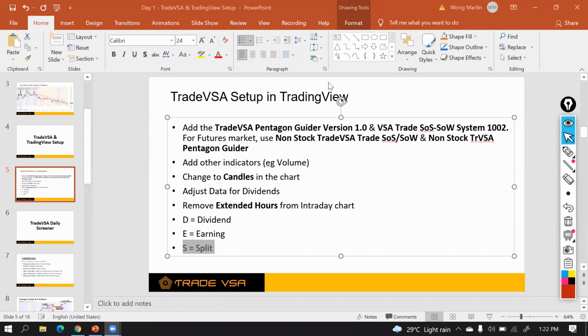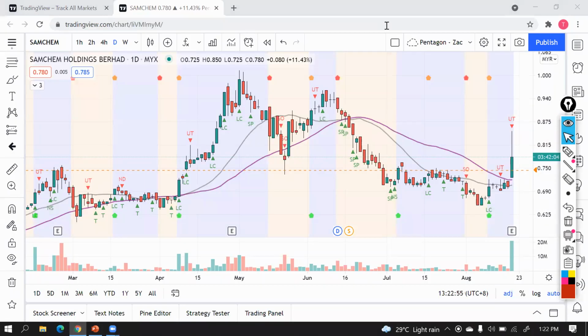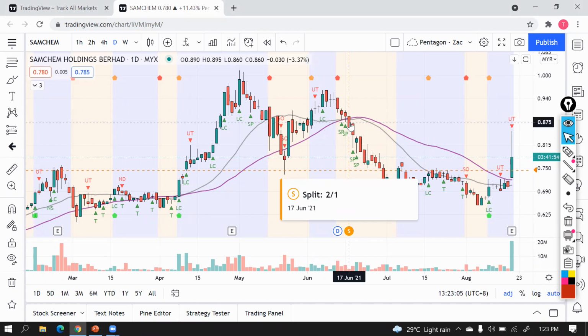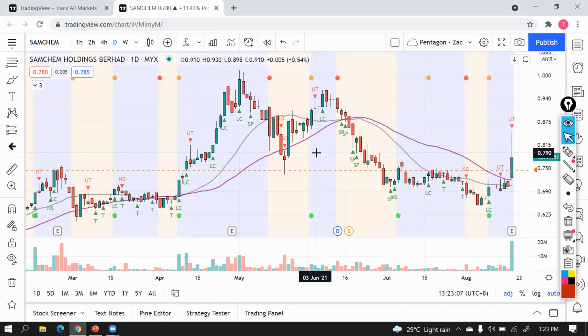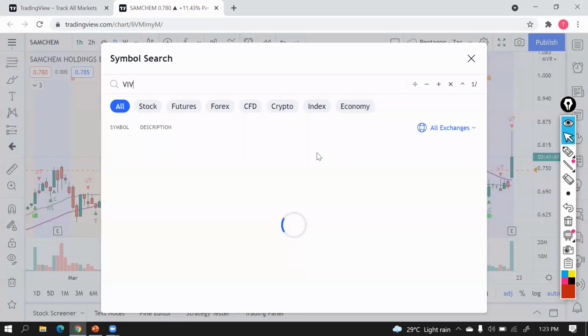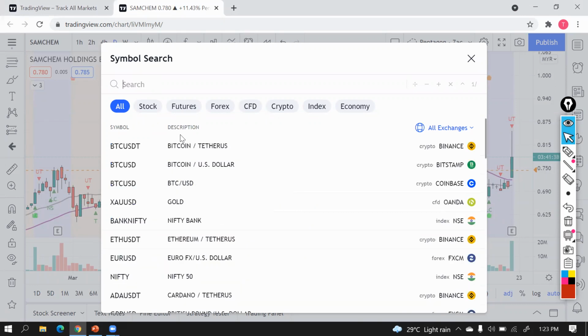Yes, split means the stock split, correct. For example, if I go to this one, point my mouse and click, split 2 for 1. Here it tells you that this is the area where they previously had a share split, or maybe a reverse split. I think previously, what stock was it?